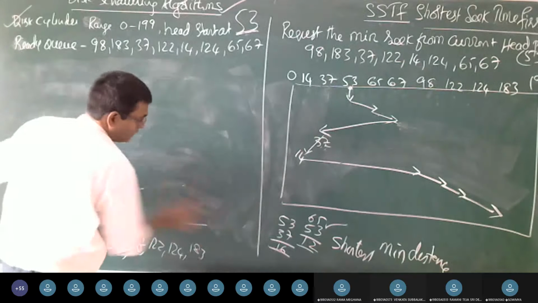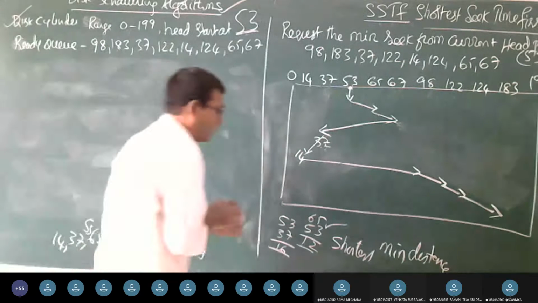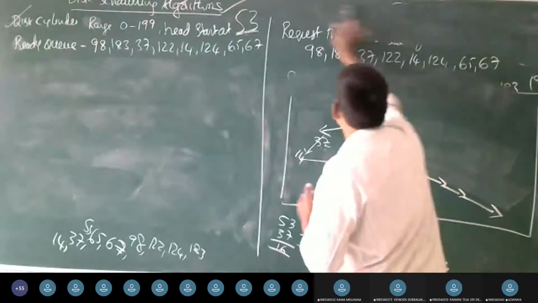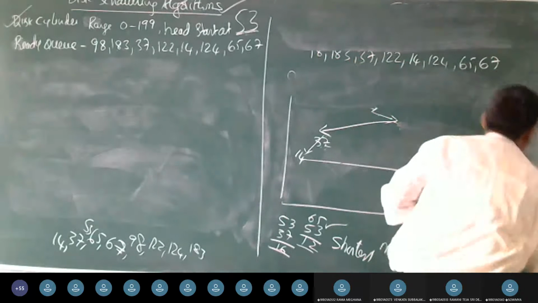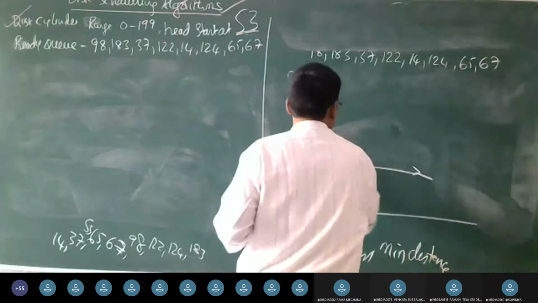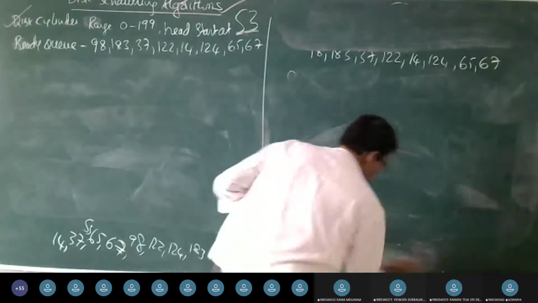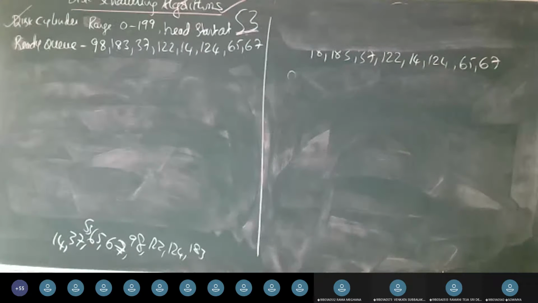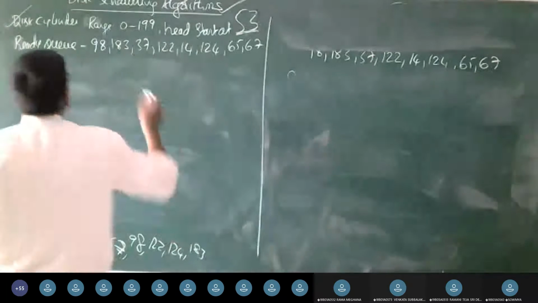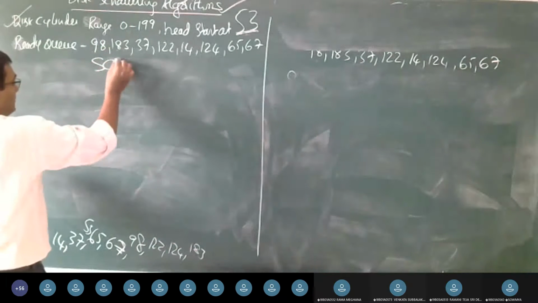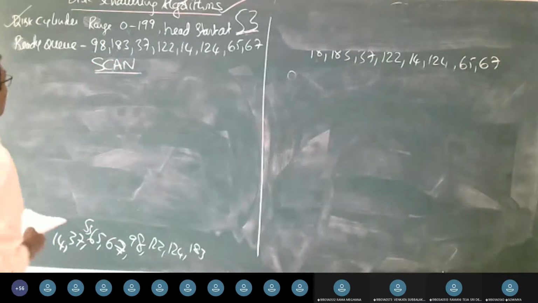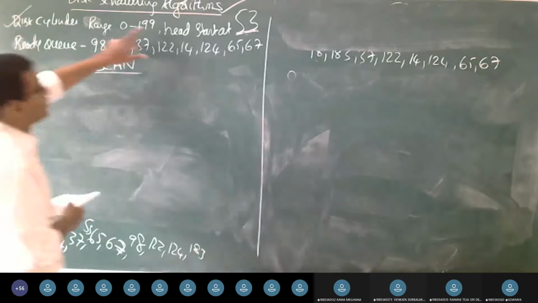We are going to call it the SCAN algorithm. So here also the disk scale will be 0 to 199.